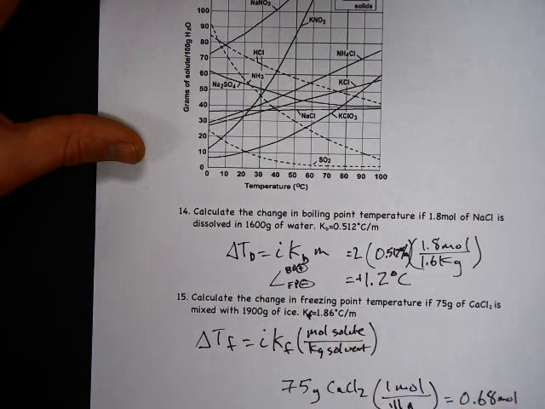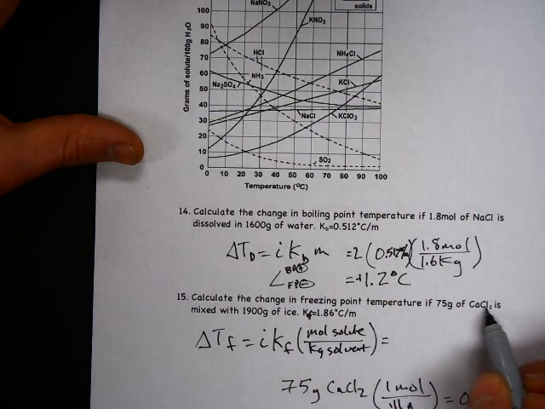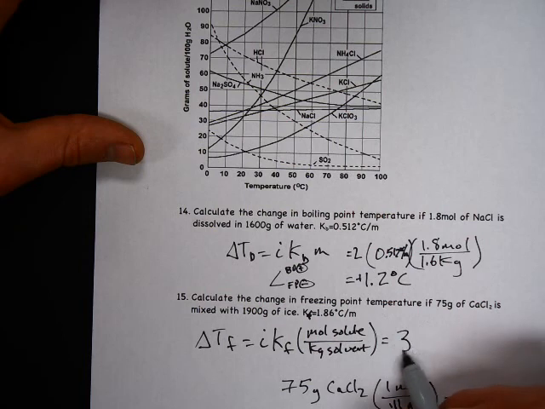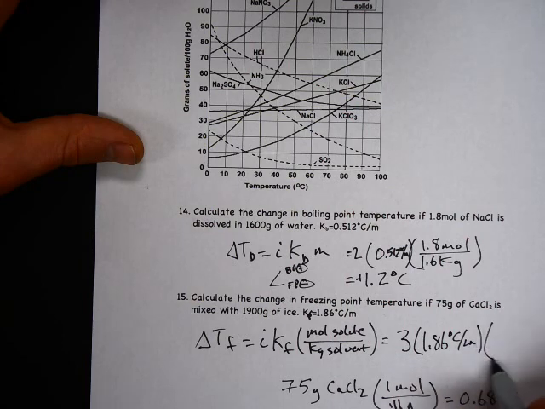I have 1900 grams or 1.9 kilograms. The rest of the stuff I can kind of get as I go along here now, so once I make that conversion, I just got to kind of plug stuff in. So i, the number of atoms in calcium chloride, 1 calcium, 2 chlorine, so I have an i of 3. Kf is given to me, 1.86 degrees C per mole. Moles of solute, which I calculated there, 0.68 mole.